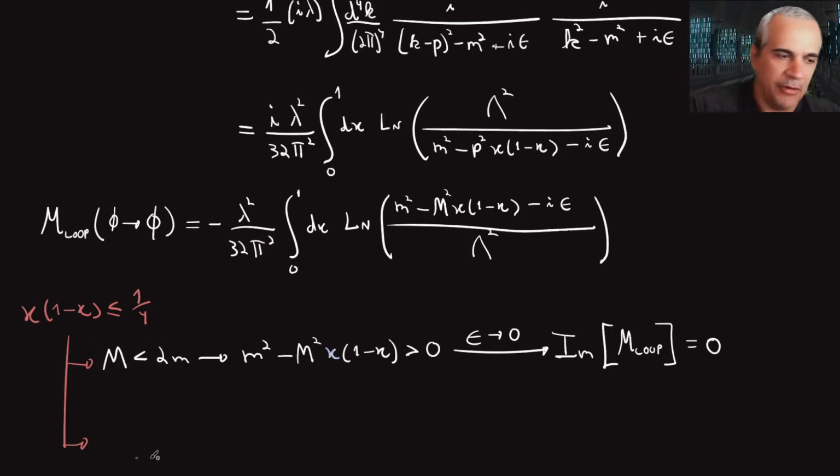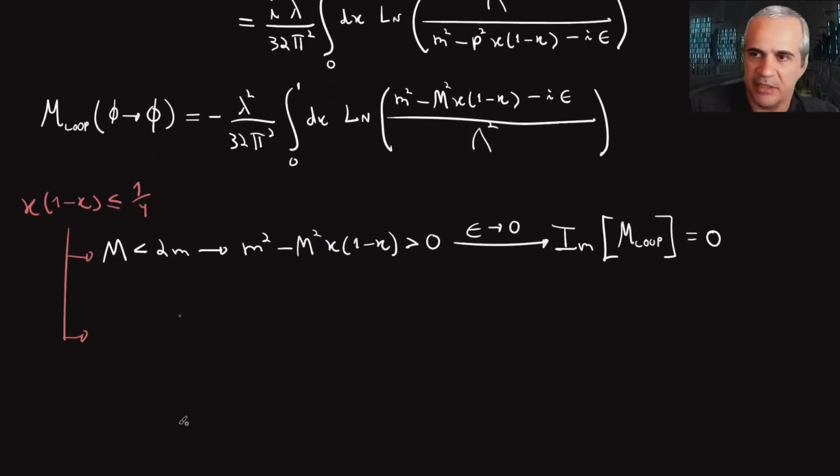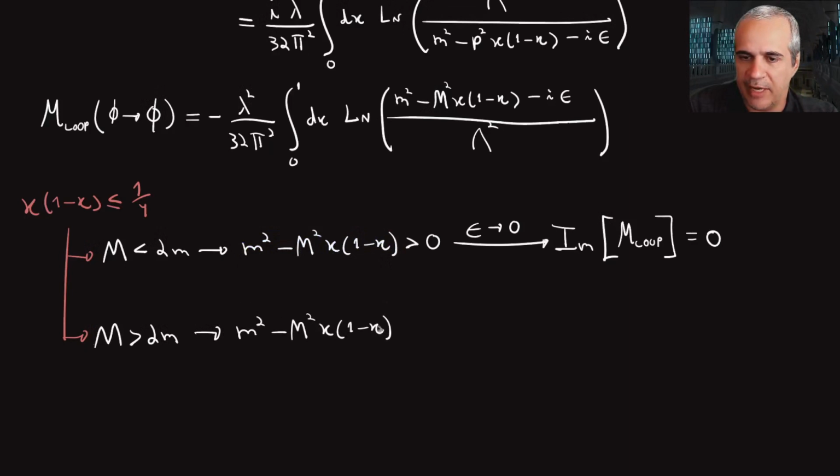Now, on the other side, I could have M bigger than 2m. In that case, this thing here can be positive or negative depending on the value of x. So as I integrate in x, I can hit some places where this is actually negative or 0. In that case, the logarithm will develop an imaginary part.